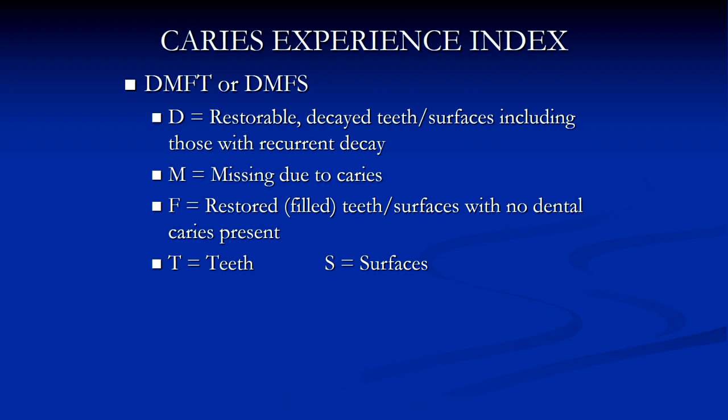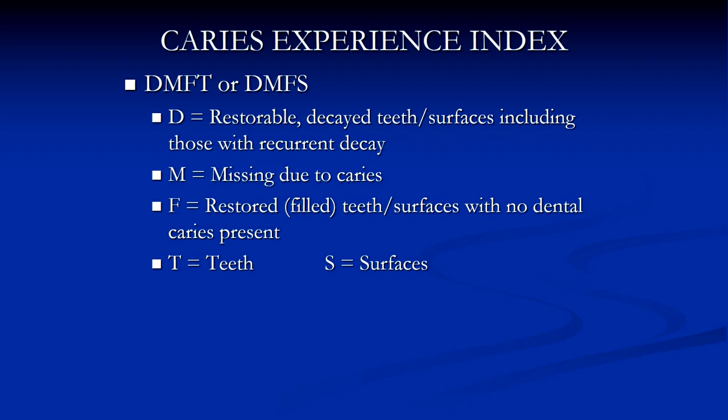The F is filled, so they have some type of filling, whether it's a composite or an amalgam, in the tooth or some of the surfaces with no dental caries present. And then the T, like I said previously, means teeth, and the S means surfaces.